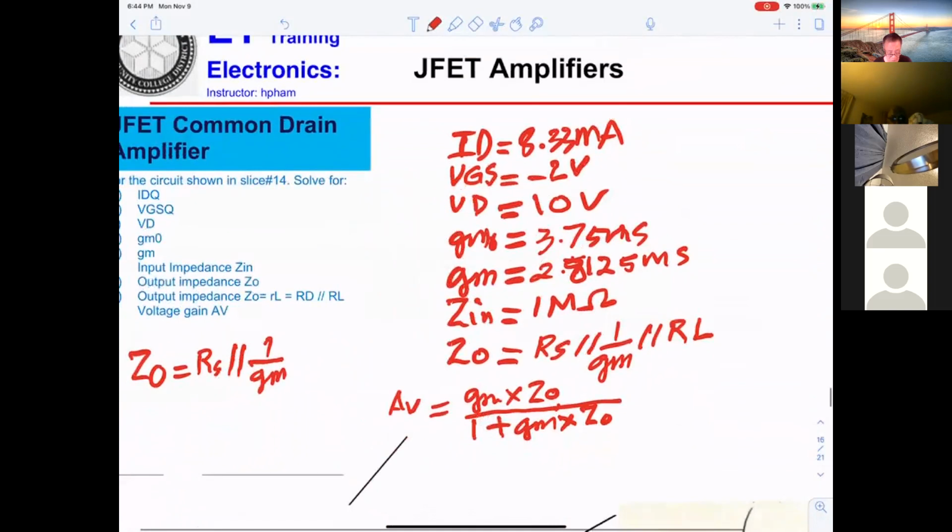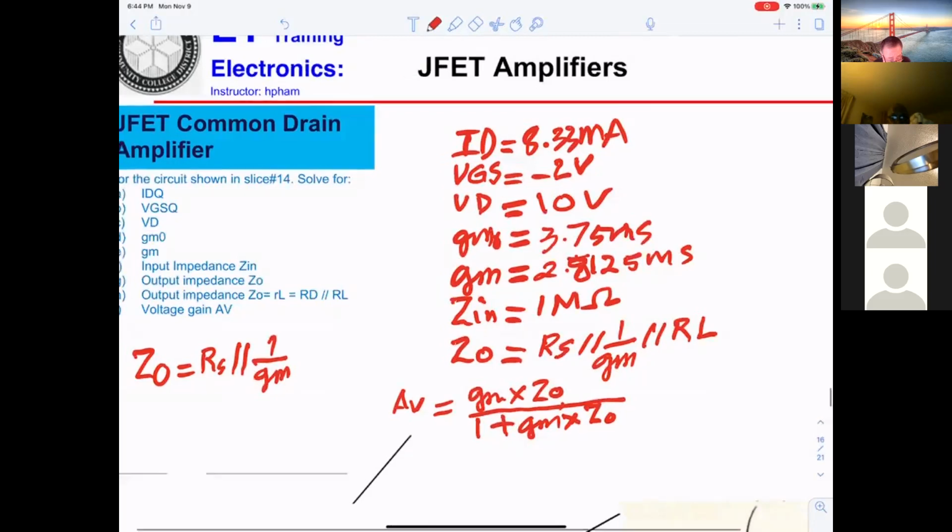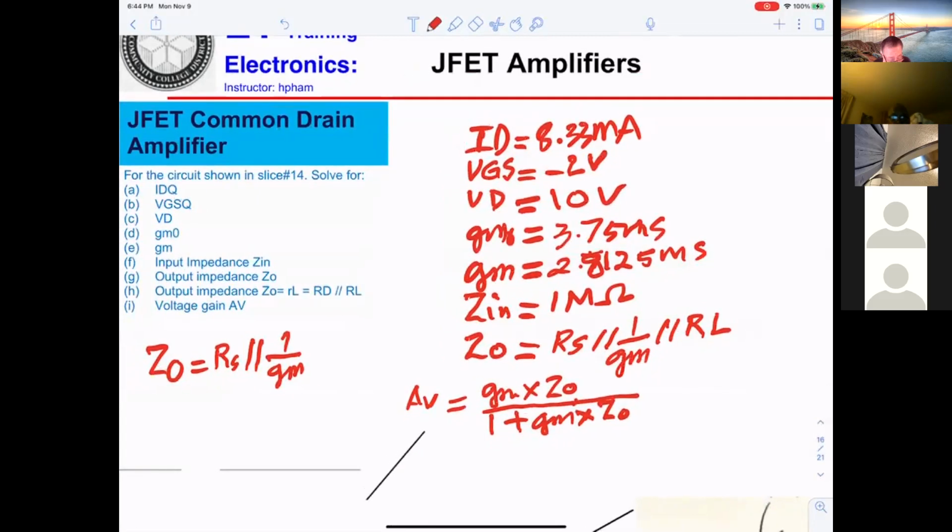Mr. Pham, on A, IDQ, you get 8.33 milliamp. How do we get that one? IDQ, the current on the drain.